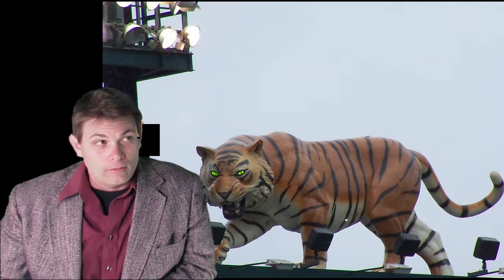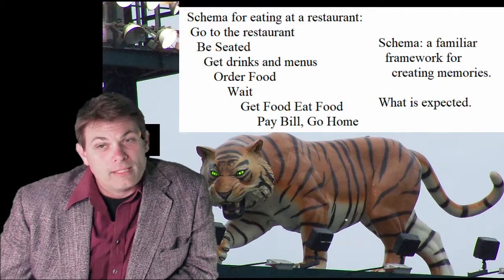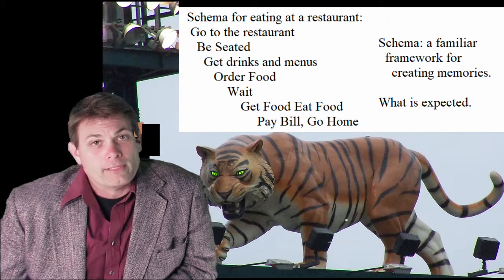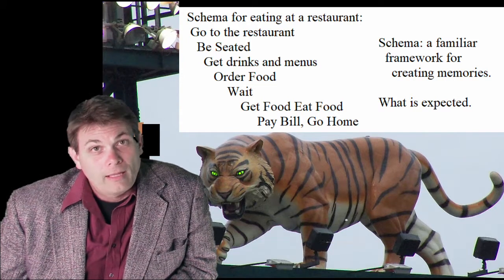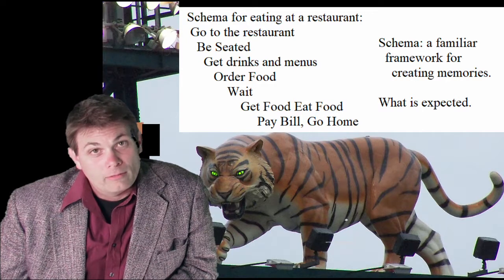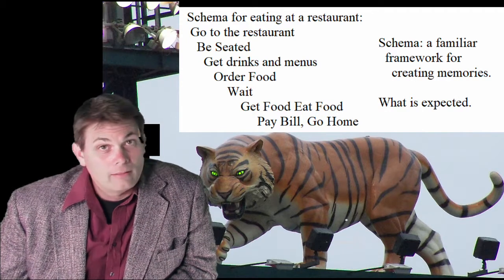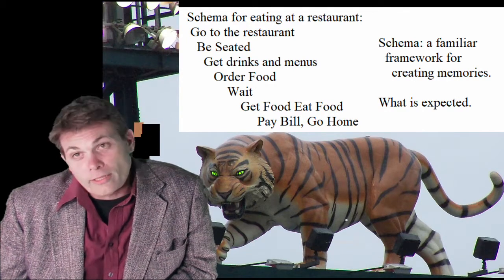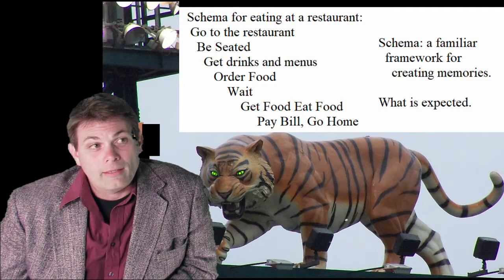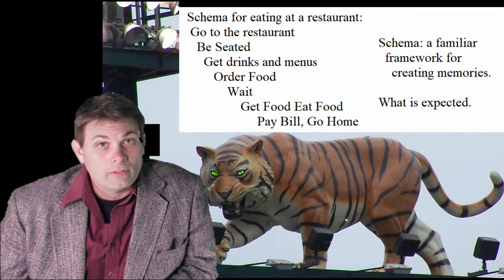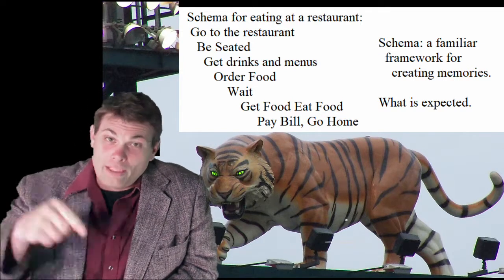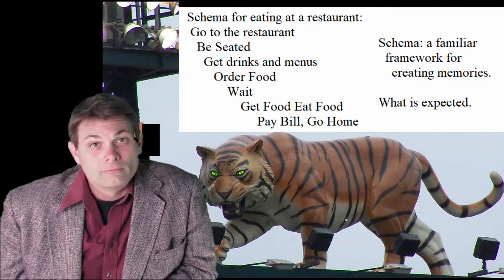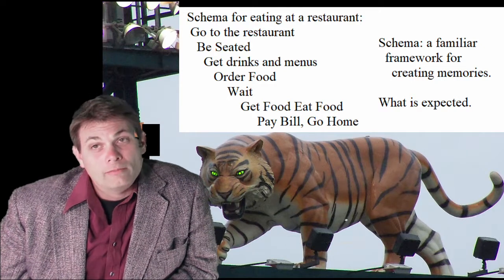For example, going to a sit-down restaurant. What's your first step? Well, probably something along the lines of figure out where you're going to eat. Then you have to actually go to the restaurant. Then you get seated, and they ask you for drinks, and then you order your food. No, you get your menus. See, I missed one. You get your menu, then you order your food. Then you wait.